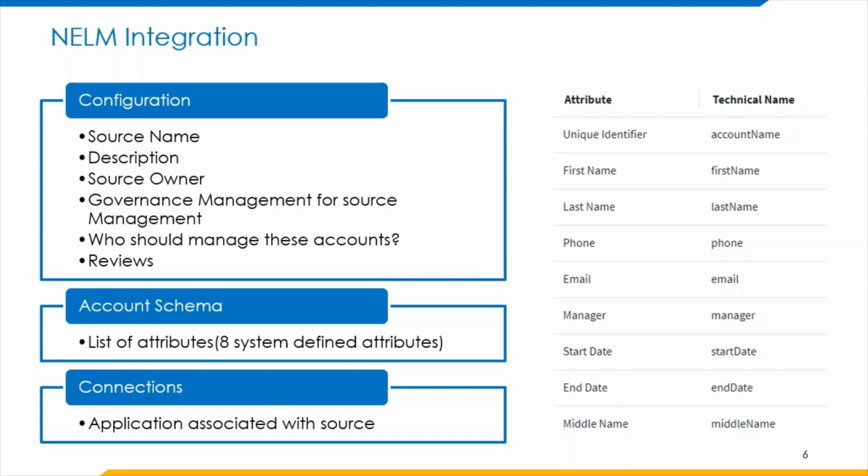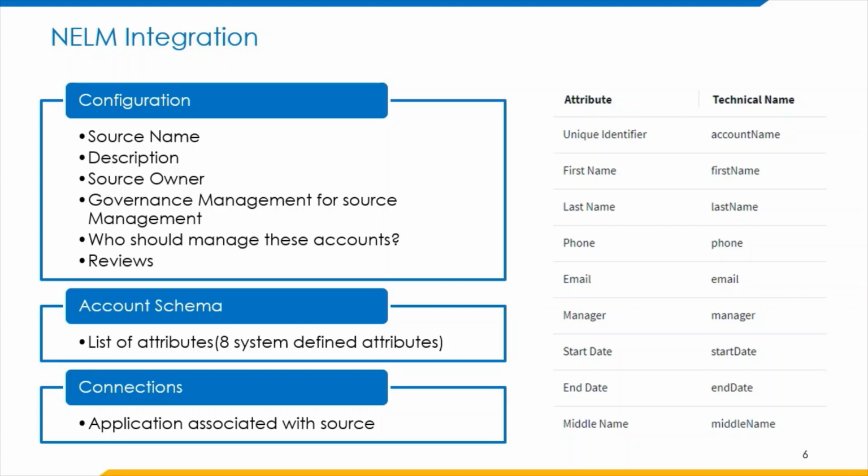We have to add who all require sub-admin access for managing this non-employee lifecycle management and add their data. If they log into the SailPoint tenant, in the connection sources they are able to see only the non-employee source. Who are managing these accounts? Ten members can manage this non-employee lifecycle management.